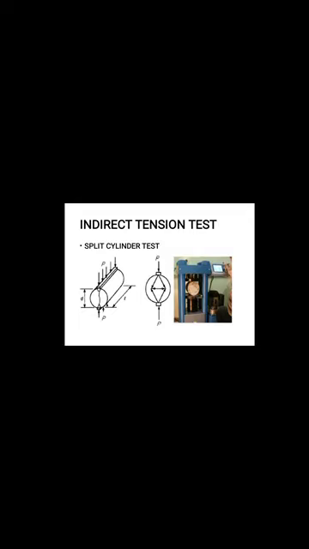As you can see in the diagram, the compression load P is applied, and once this compression load P is applied, due to Poisson's effect, the other dimension will try to increase. The other dimension is trying to increase, that means it is undergoing tension. So you apply a compressive load, but in the other dimension it is undergoing tensile load because of the Poisson's effect. That is why it is called the indirect tension test.